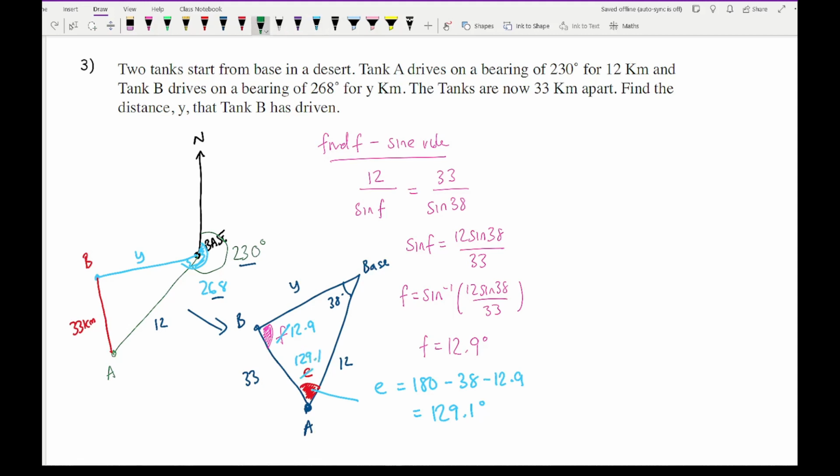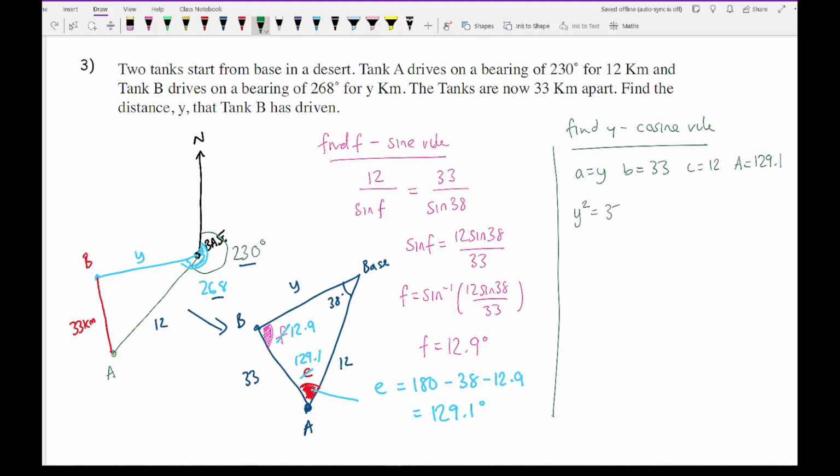And then from this, I can work out what y is by using the cosine rule. So to find y, we use the cosine rule. Here, a equals y, b equals 33, c equals 12, and capital A is 129.1 degrees. So y squared equals 33 squared plus 12 squared minus 2 times 33 times 12 times cos of 129.1.